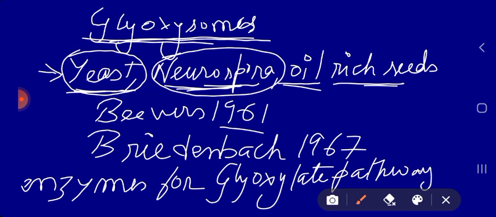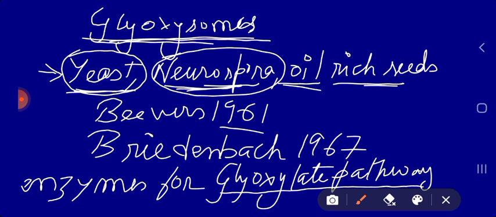I think you know about the glyoxylate pathway. The glyoxylate pathway or glyoxylate cycle is a variation of your TCA cycle or tricarboxylic acid cycle.